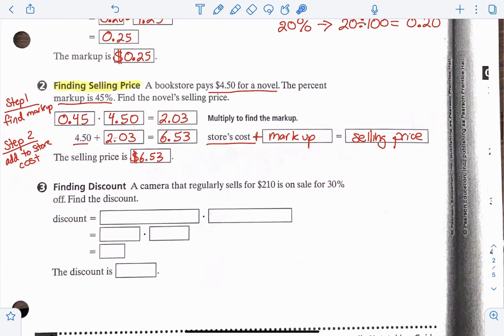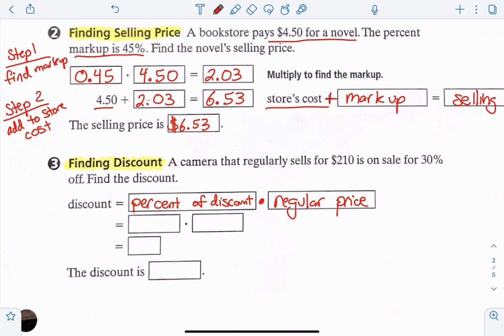All right, finding the discount. So a discount equals the percent of discount times the regular price. A camera that regularly sells for $210 is on sale for 30% off.